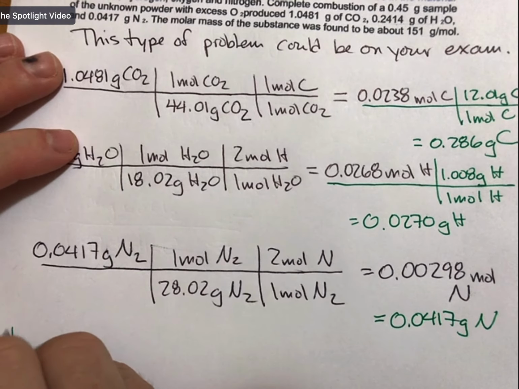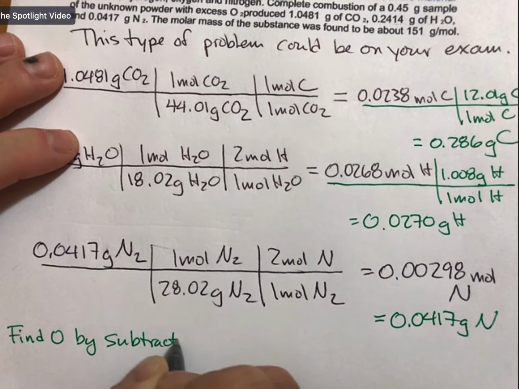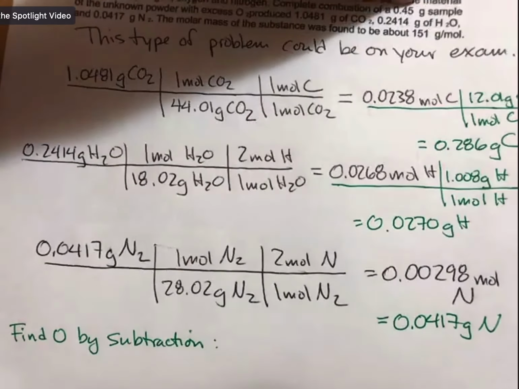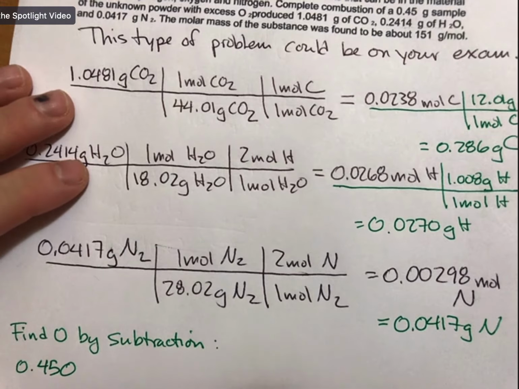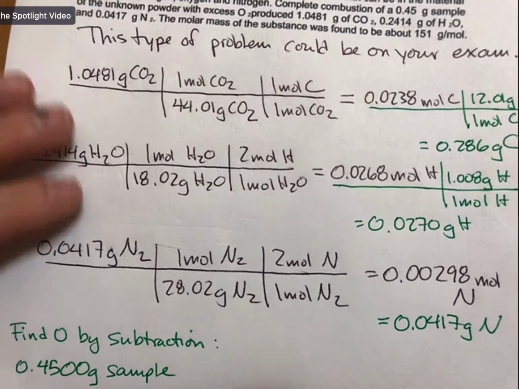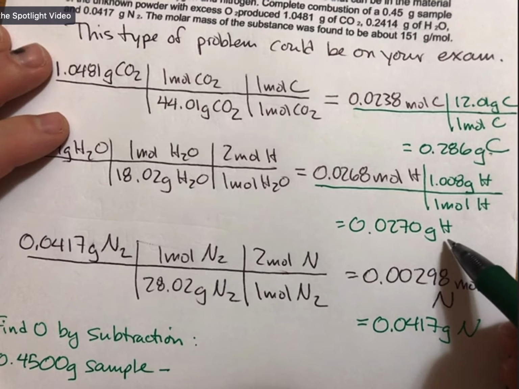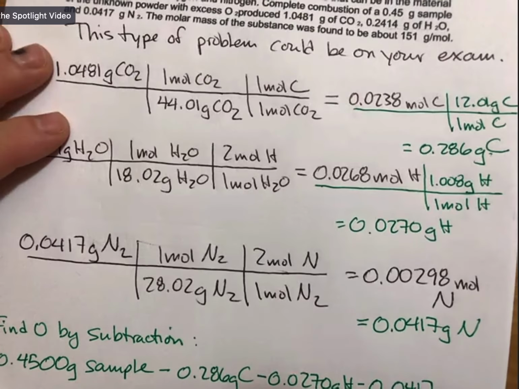Now we're ready to find oxygen by subtraction. When you find oxygen by subtraction, you start with your sample size, 0.45 grams, and I'm going to add a couple extra zeros on that. And then subtract off my grams of carbon, subtract off my grams of hydrogen, subtract off my grams of nitrogen.